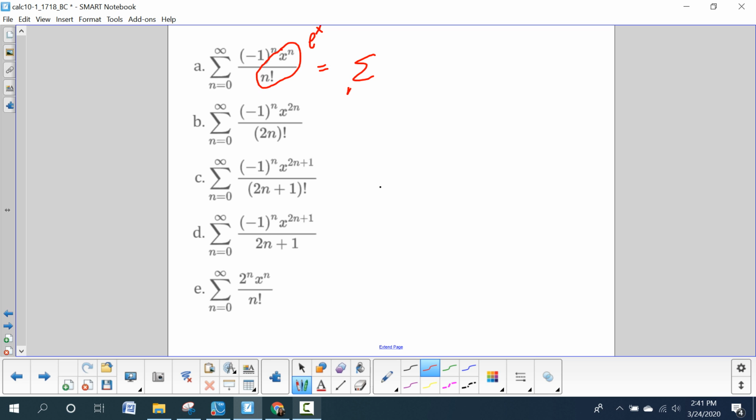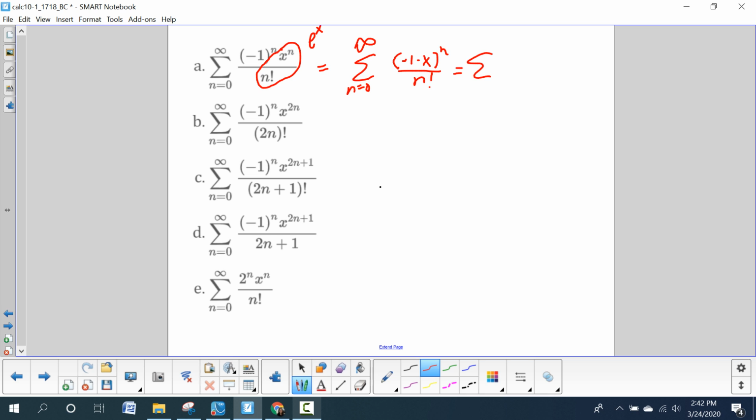If I rewrote this series using some exponential rules, negative 1 to the n and x to the n, that's the same thing as negative 1 times x to the n over n factorial, right? Because you would still raise both of these factors to the value of n.